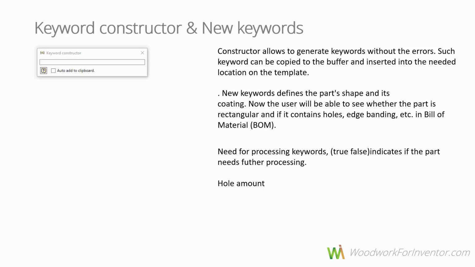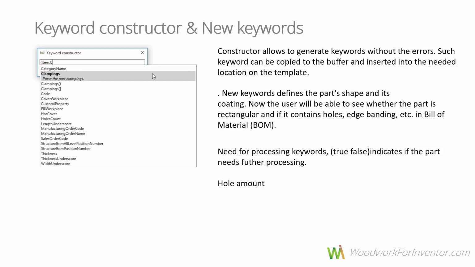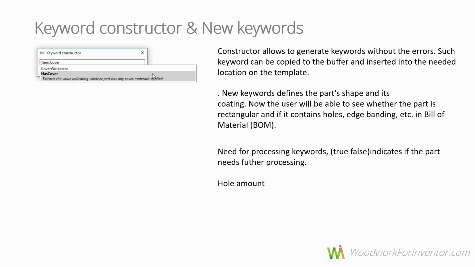Because we have a lot of new items, we have a new tool called the keyword constructor, which allows you to see new keywords and utilize those new keywords in order to change the bill of material or maybe the drawing template in order to see more information.